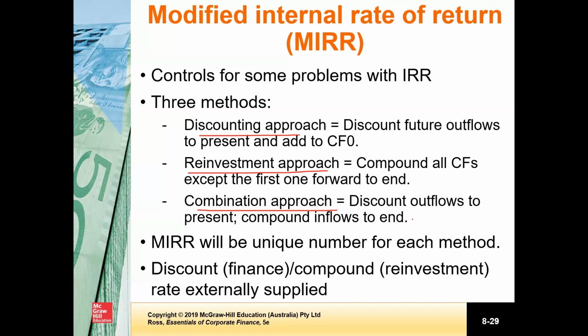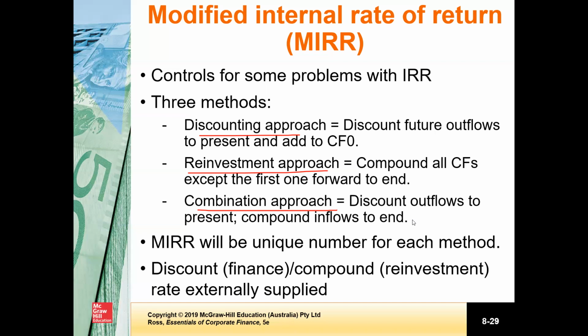Okay, so you recall that IRR provides misleading results when there are non-conventional cash flows. Non-conventional cash flows means there are negative cash flows during the life of the project, not at the inception, but during the life of the project.